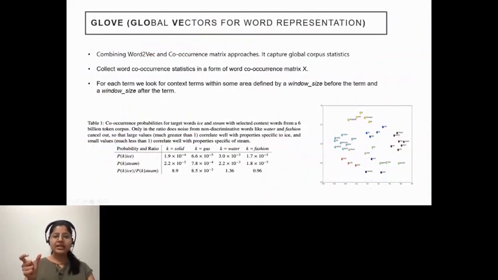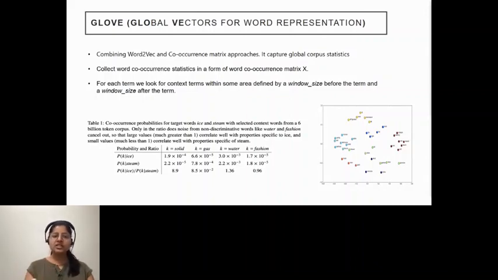Because right now we are only talking about the local information, we lose the overall global context, the theme of the document. Hence the GloVe model, which came out of Stanford, incorporates the information from word2vec, which uses the word representation in a vector, along with the co-occurrence matrix, which stores a large amount of information across the documents. And you can see from this graph on the right that the clusters of nodes of the same color incorporate similar meaning.